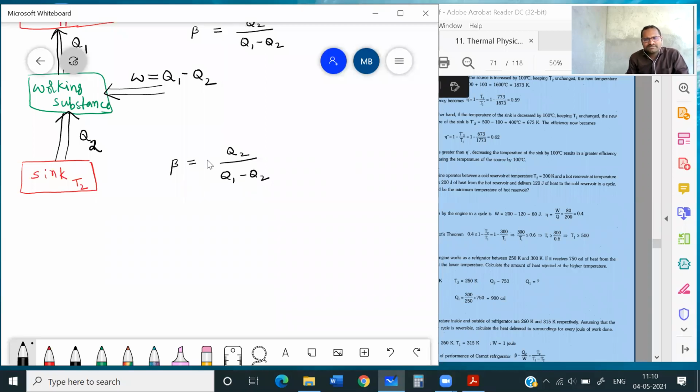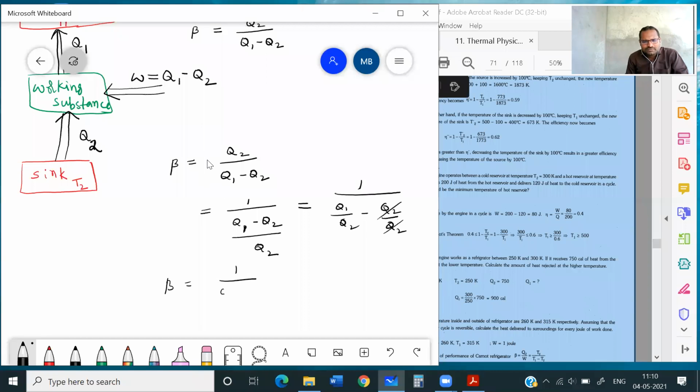Still this can be written as 1 divided by (Q1 minus Q2) divided by Q2. Can we write like this? Yes, we can write. This Q2 I am sending down. Still this we can write as 1 divided by (Q1 by Q2 minus Q2 by Q2). This Q2 cancels, so you will get beta is equal to 1 divided by (Q1 by Q2 minus 1).